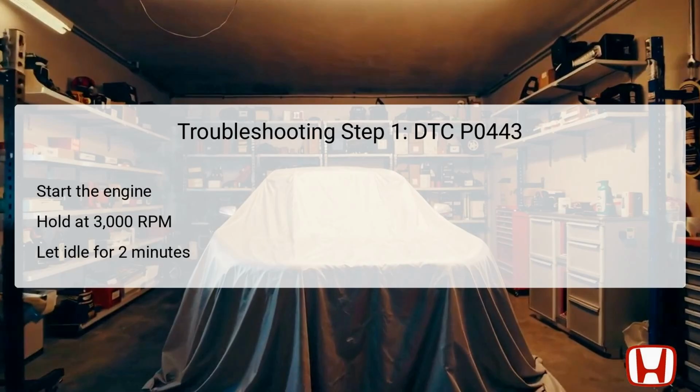This step serves to establish baseline conditions under which the EVAP canister purge valve operates. By initially running the engine at a higher RPM, technicians can observe how the valve responds to changing conditions. This procedure is crucial for highlighting potential irregularities or failures in real-time operation, ensuring that any anomalies can be captured for further analysis and troubleshooting.